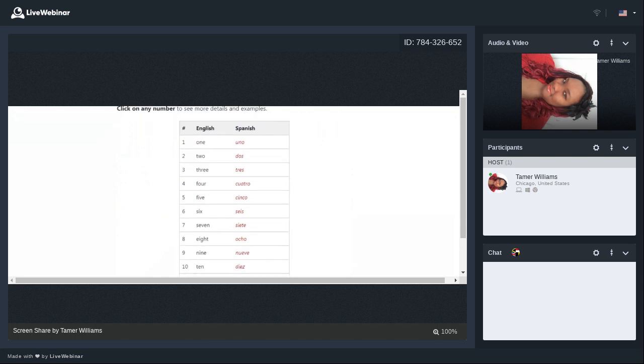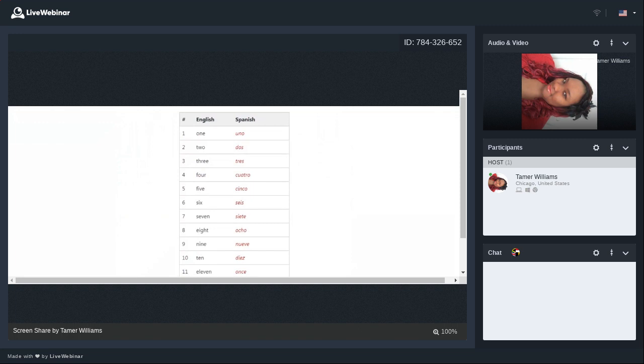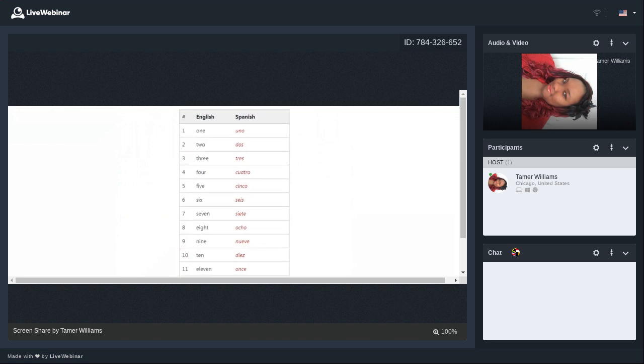So a lot of people may know how to count in Spanish for 1 through 10, but we'll just review that and then we'll move forward from there. So we have uno, dos, tres, cuatro, cinco, seis, siete, ocho, nueve, diez. So now those are the numbers 1 through 10 in Spanish.